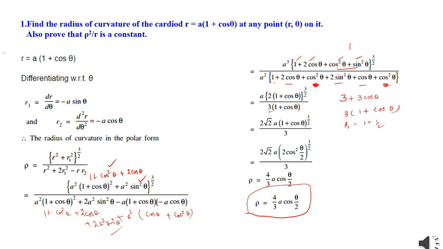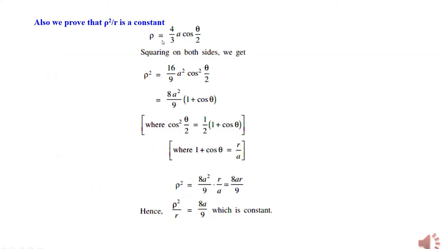But in the second part, you are asked to show that rho square by r is constant. So we shall consider this rho. Already in the previous slide, we had rho to be 4 by 3 a into cos theta by 2. Then we will have to prove that rho square by r is a constant. For which we square this, and this is what we get.